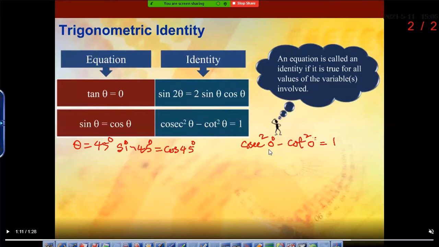In the same way, if you substitute theta as 30 degrees, cosecant square 30 degrees minus cot square 30 degrees, you will get the answer as 1. So hence this is an identity.